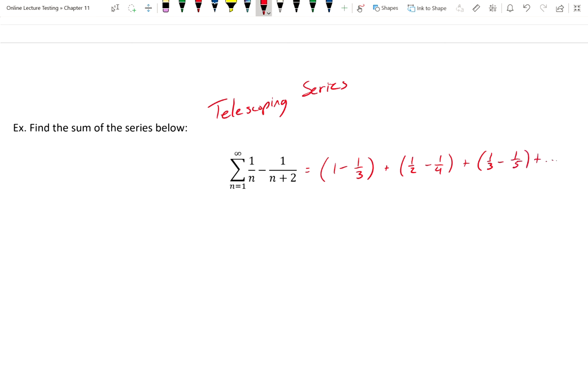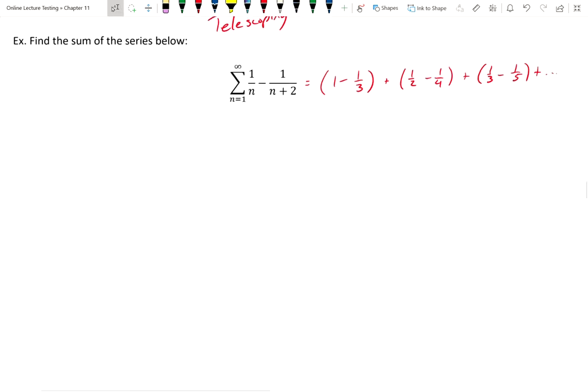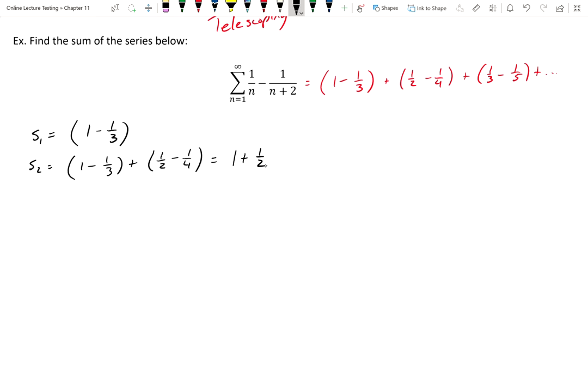Alright, so this is the real cool part. Let's start looking at its sequence of partial sums. So S of 1. Well, this is 1 minus 1/3. Okay? S of 2 is 1 minus 1/3 plus 1/2 minus 1/4. Notice I'm not actually going to simplify this much. But what I am going to do is I'm going to rearrange this real quickly. Because there's some real cool stuff that happens with these guys.